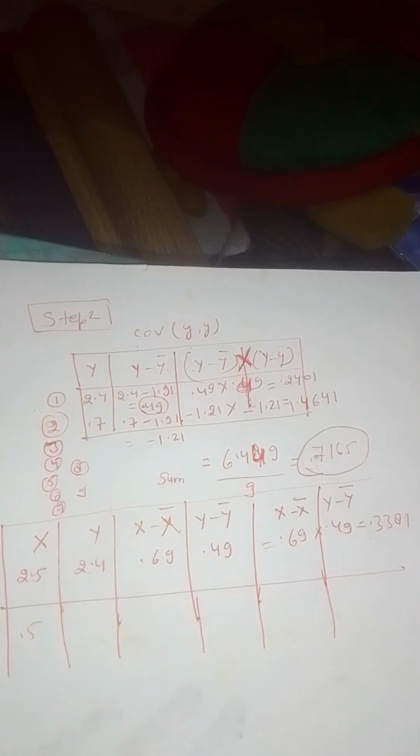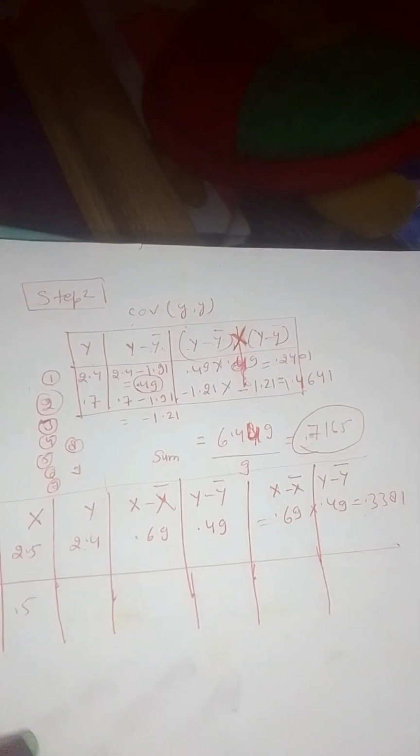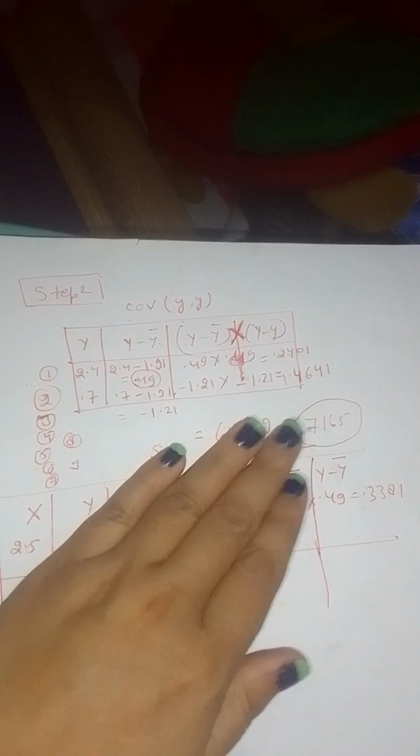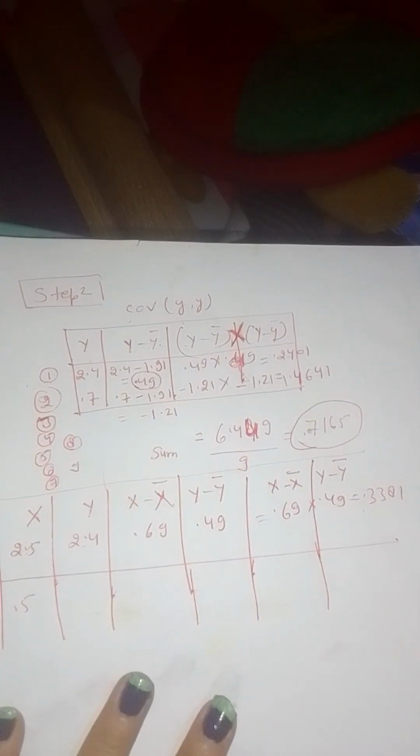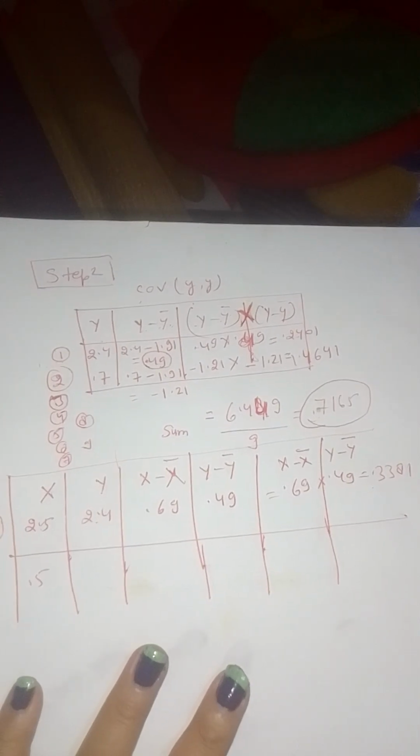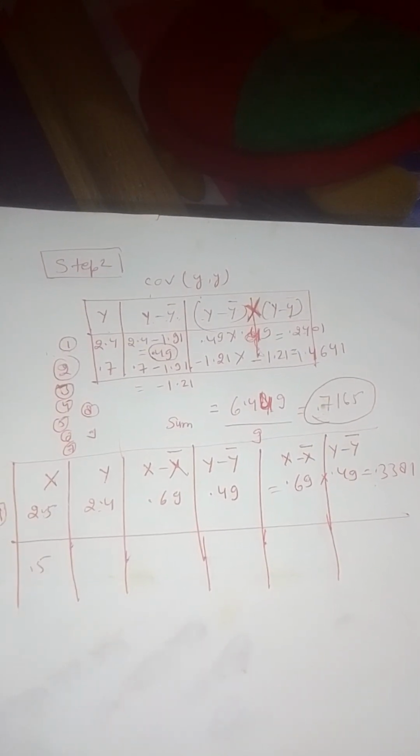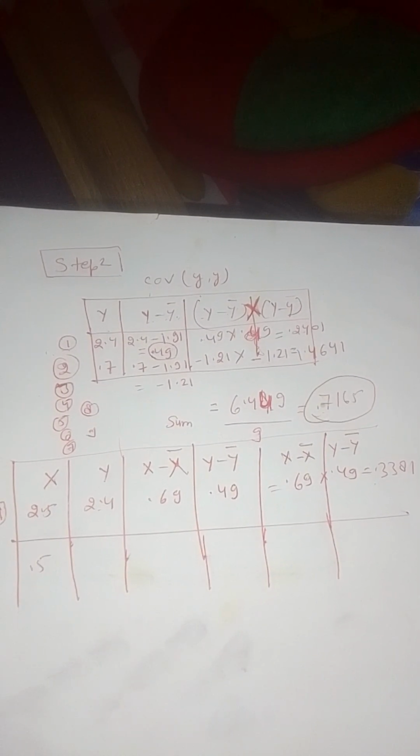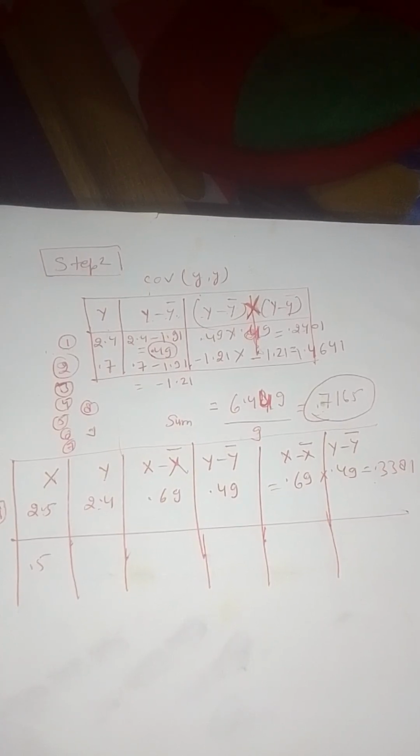For a short video I can't calculate the whole thing because it would be a very lengthy video, so I am just taking the shortcut here. But you have to calculate this particular thing in your paper also if you are learning it for your engineering exam or for any competitive or interview exam.